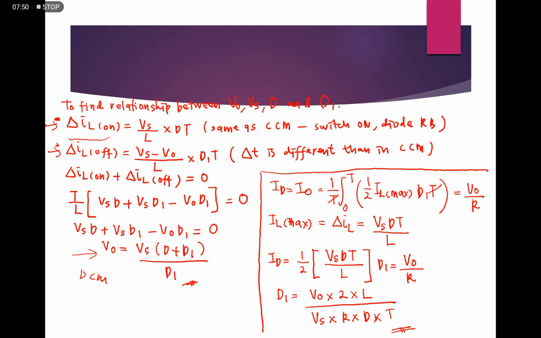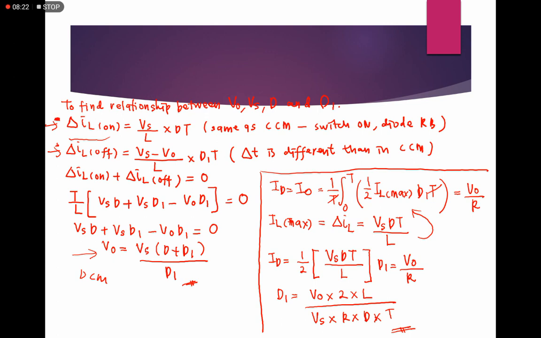In this case I choose the first one, which is Vs multiplied by dt over L, and then we substitute it inside the IL max term. So your diode current now becomes half multiplied by Vs dt over L multiplied by D1 equals V0 over R. Then we rearrange and take out the D1.